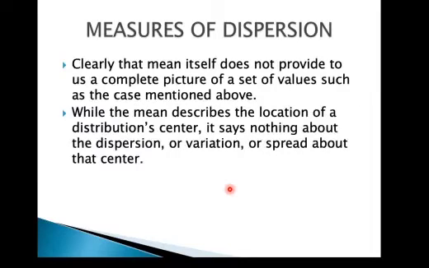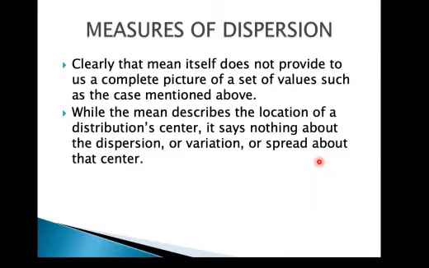Clearly, the mean by itself does not provide a complete picture of a set of values, such as the case that we mentioned above. While the mean tells us the location of the distribution center, it says nothing about the dispersion, the variation, the spread about that center.